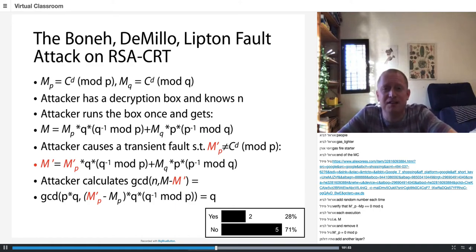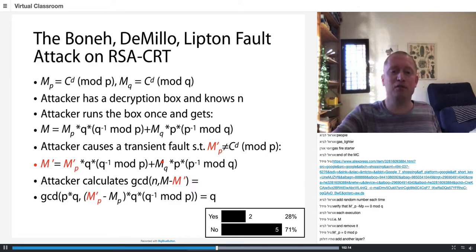How do you defend against RSA CRT attacks? The simple and trivial thing to do is you just take the result and you encrypt it. You calculate m to the power of e, and you check if m to the power of e is equal to c.